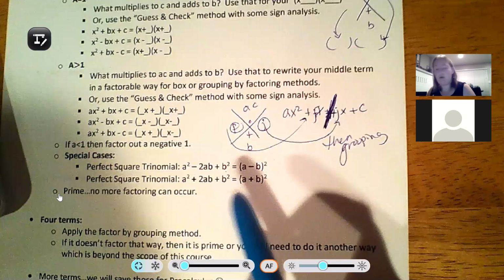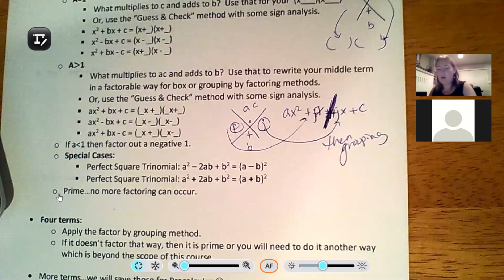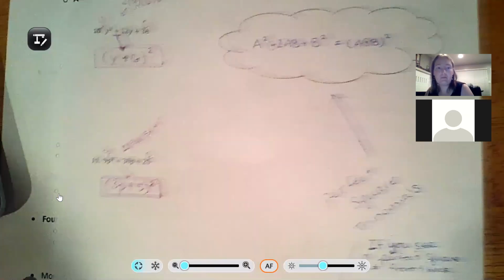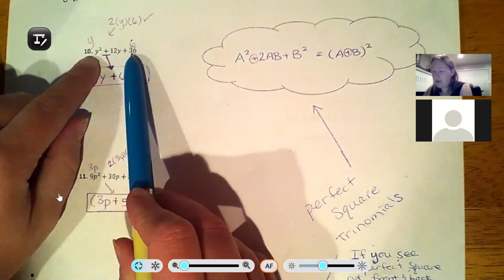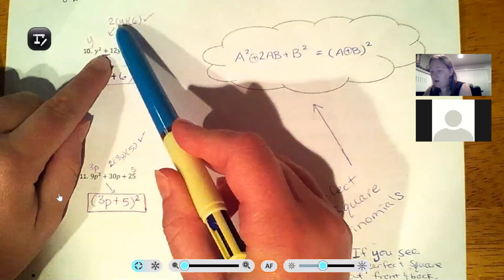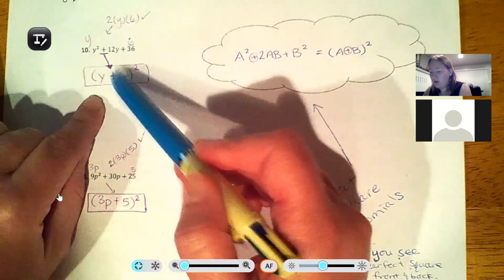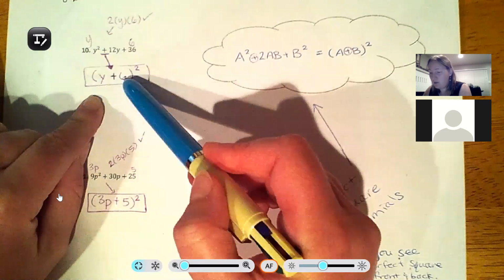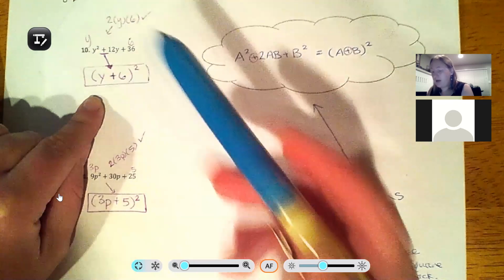I actually do have one example I can project of something like that. It was that back page here. So y squared and 36, they're both perfect squares, and this is 2 times what was squared and what was squared. And so it would be the y, the 6, plus, because you want to end up being positive 12y squared. It's a perfect square of that.